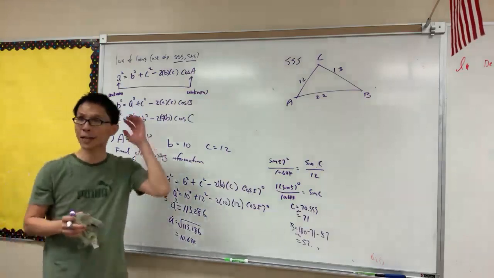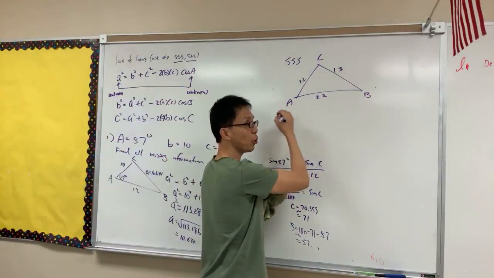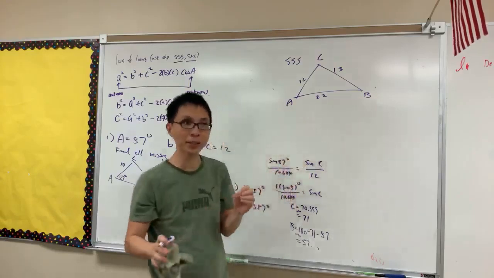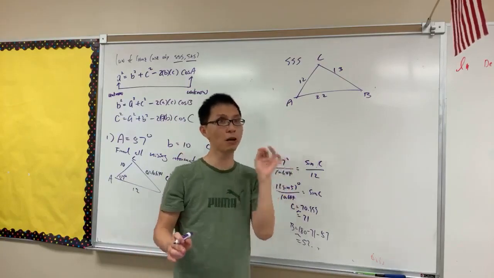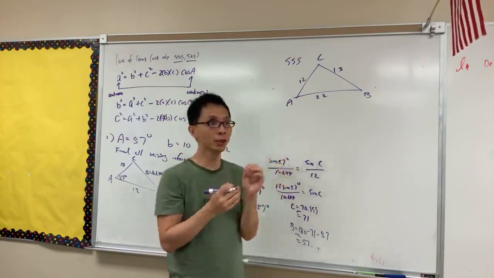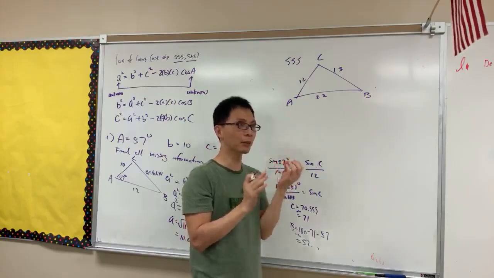Now, here's the thing about the side case I want you to pay attention to. There's a 16.5% chance you're going to get a wrong answer. I don't know why I came up with 16.6%.